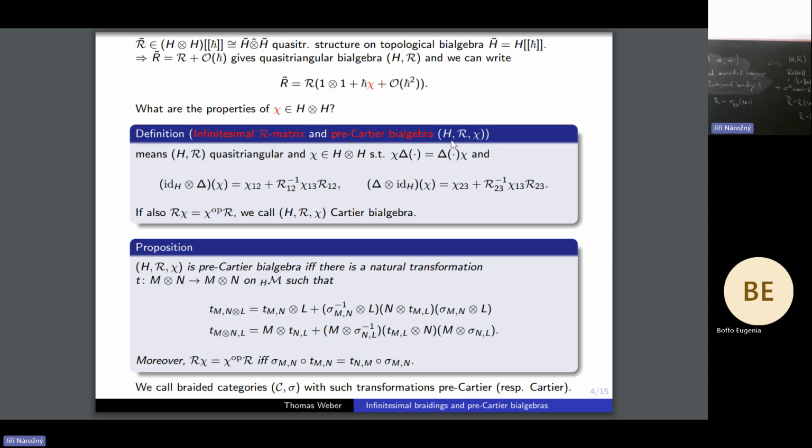Because we really thought that what we are doing here is something rather natural. It's really just looking at the first order of an R matrix, and we were quite baffled that no one else did it, at least in this general setting.